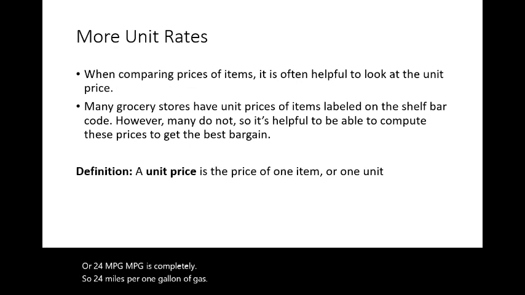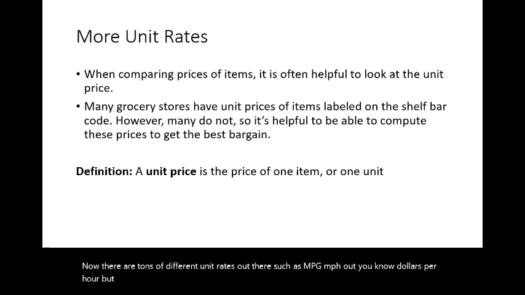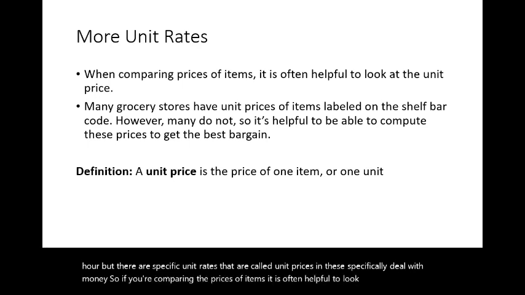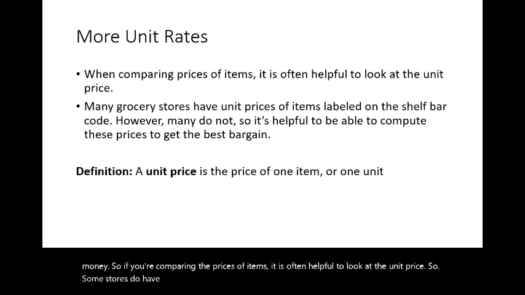Now, there are a ton of different unit rates out there, such as miles per gallon, miles per hour, dollars per hour, but there are specific unit rates that are called unit prices, and these specifically deal with money. So if you're comparing the prices of items, it is often helpful to look at the unit price. Some stores do have the unit prices labeled right on the shelf barcode.